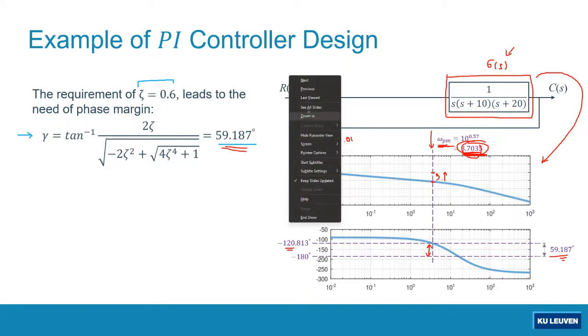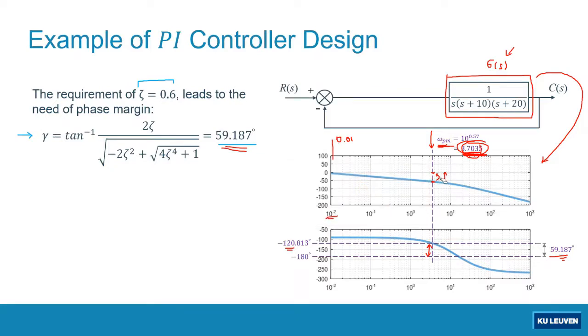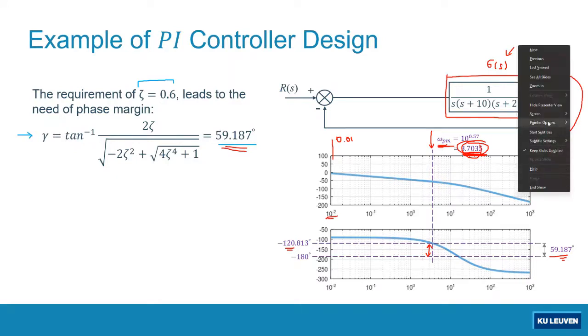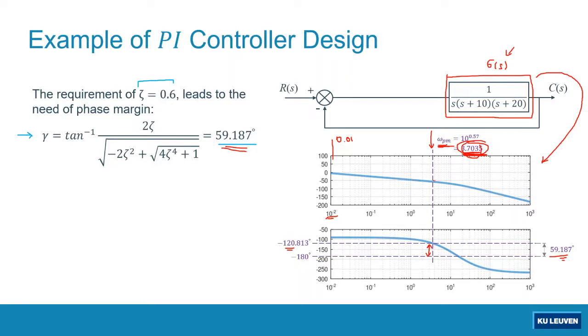So then we have to shift up the magnitude plot. How to shift up the magnitude plot? How much do we have to shift it up? What you have to do is simply find what this value is. Looking at this magnitude plot, I can say that the magnitude at this desired phase margin frequency is equal to negative 58.097 dB, right?